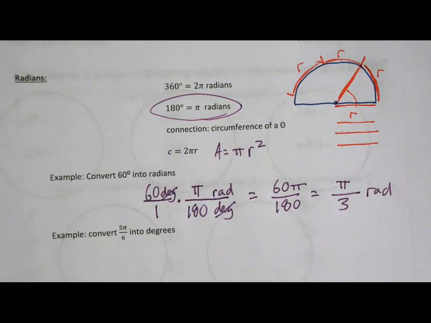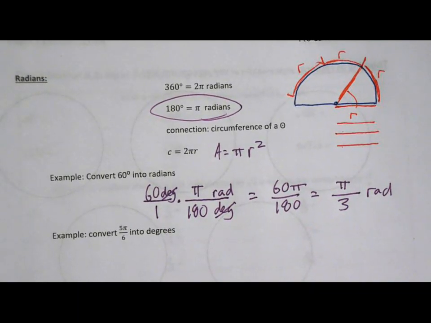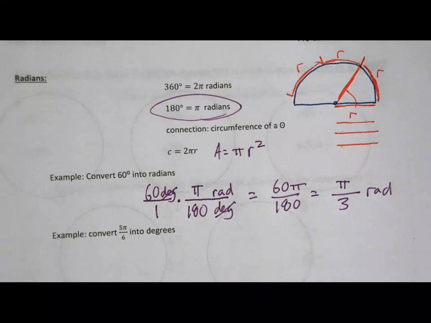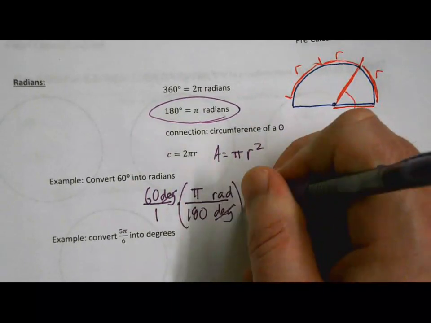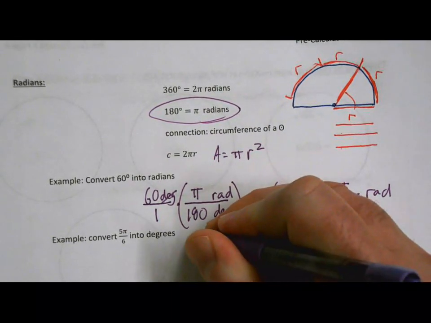And you can write radians after that, but if you forget to, that's fine, because radians technically is a unitless measure, meaning you don't have to put units after it. All right, so we're just using that same concept that we did before, where this is our fancy one.